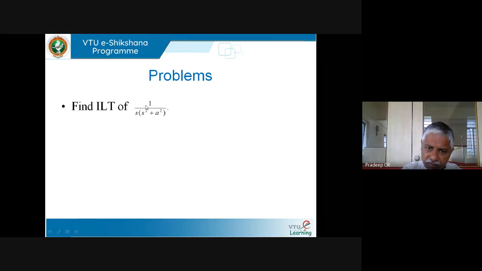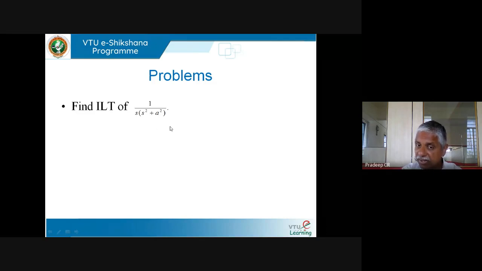I observe that 1 by s into (s square plus a square) is a product of two Laplace transforms. For example, I can write this as 1 by s into 1 by (s square plus a square). 1 by s is the Laplace of something very easy, the constant function 1.